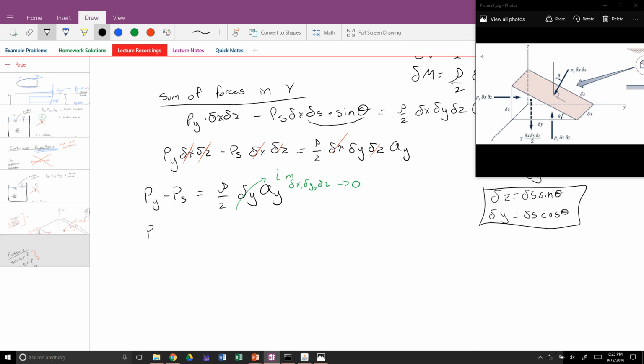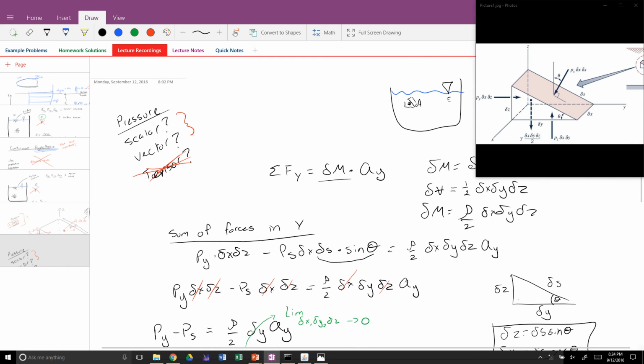Leaving us with Py minus PS is equal to 0. That is, the pressure acting on this shaded face that's at an angle of theta, and the pressure acting along this face at constant y are equal.